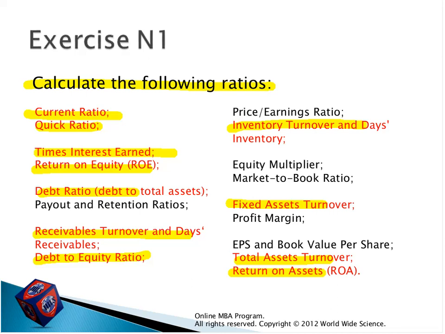And I have some additional ratios, which are new ones. We haven't done exercises on them, like payout and retention ratios, which are highlighted in black. The price earnings ratio, equity multiplier, market to book ratio, profit margin, EPS, and book value per share. So please make the calculations and find these ratios based on the formulas.